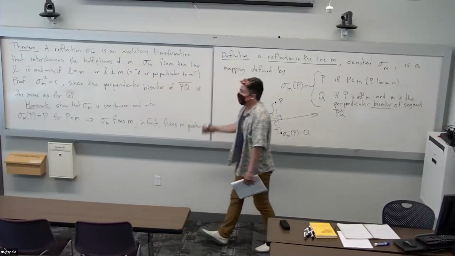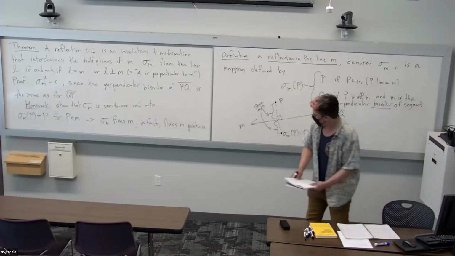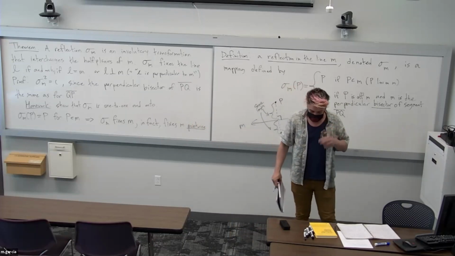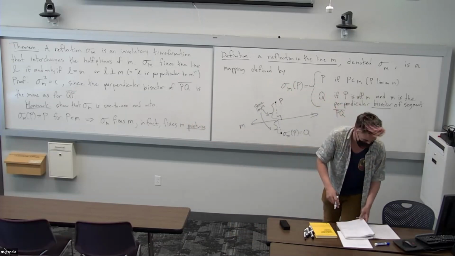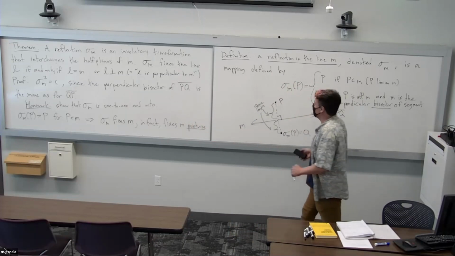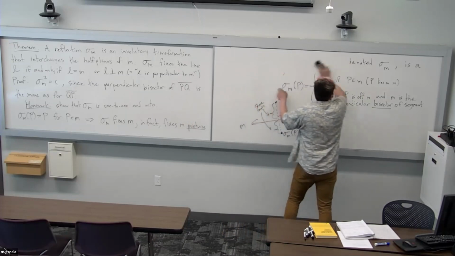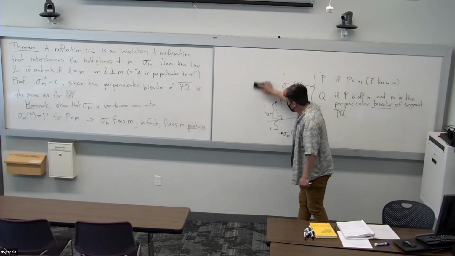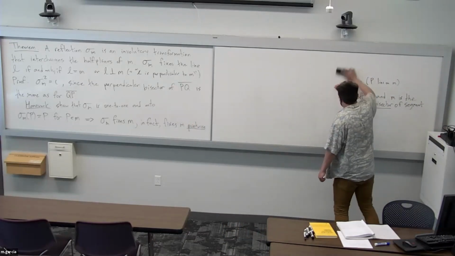That is to say, it takes every point on M to itself, which is a stronger condition than any definition of fix for a subset of the plane that we've had so far. It's saying that legitimately every point is taken to itself. So, in fact, M is the only line that sigma sub M fixes pointwise, right?